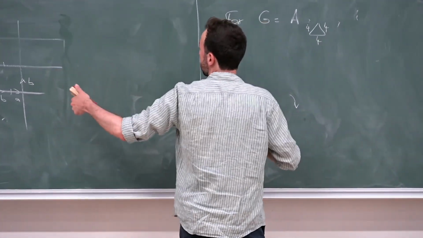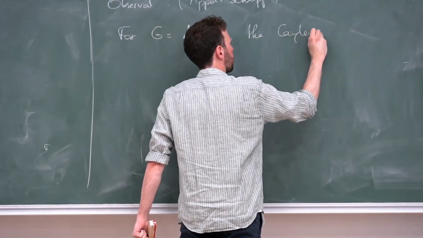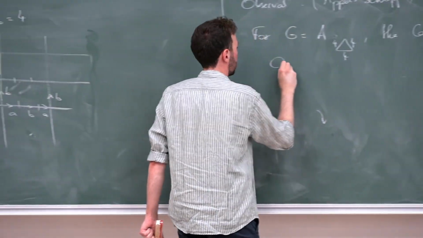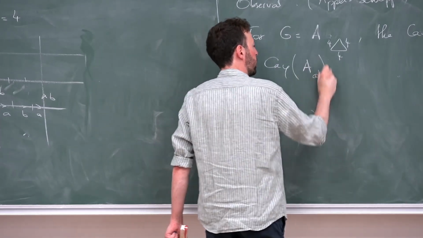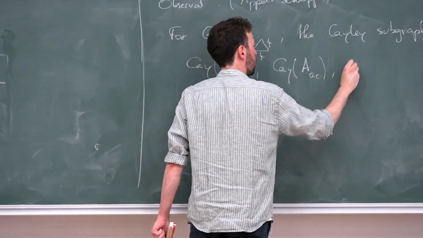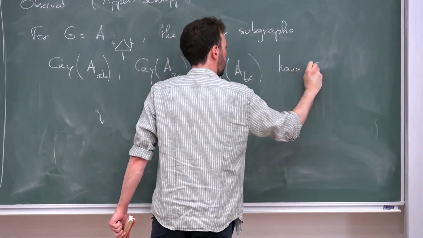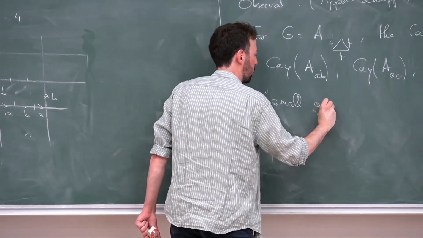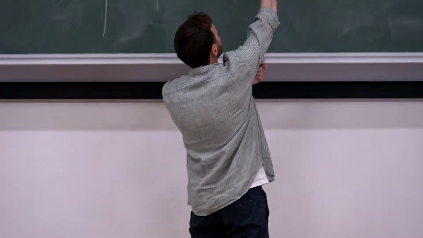The cells don't have a nice small overlap, but the Cayley subgraphs, just taking the dihedral subgroup on two generators, AB or AC or BC, have a small overlap. The picture is going to look like the following.